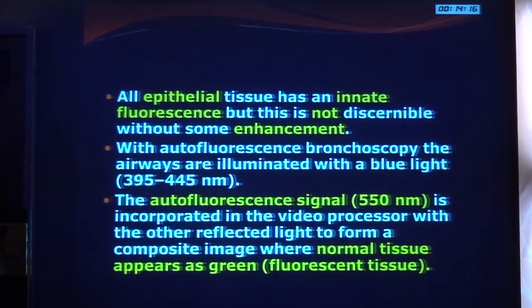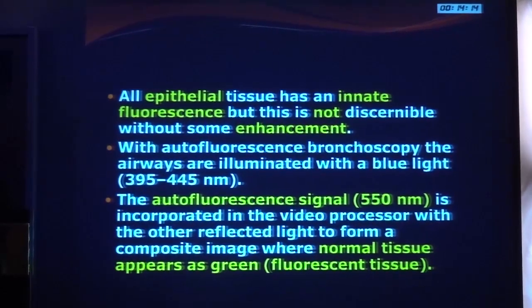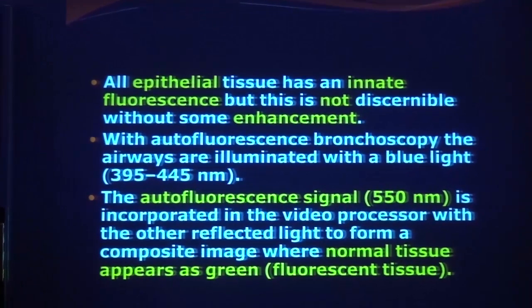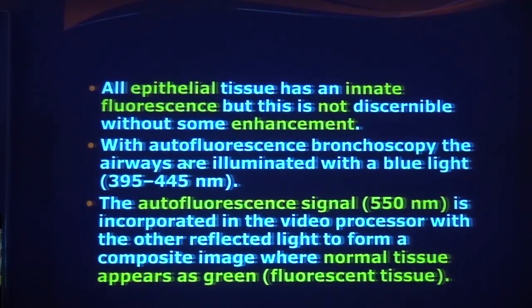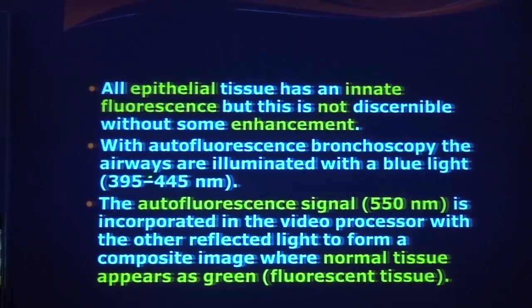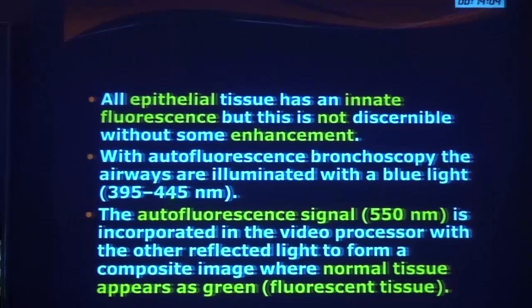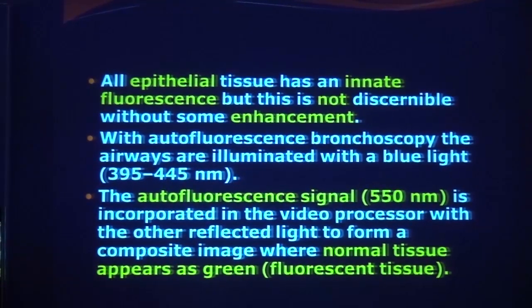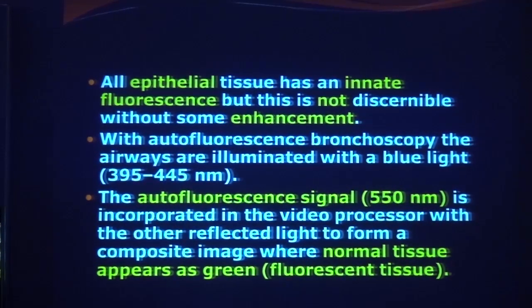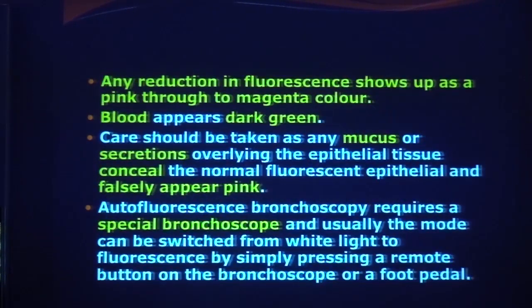In autofluorescence bronchoscopy the airways are illuminated by a narrow range, 395 to 445, approximately 550 nanometers. But this is not the range of the normal white light.